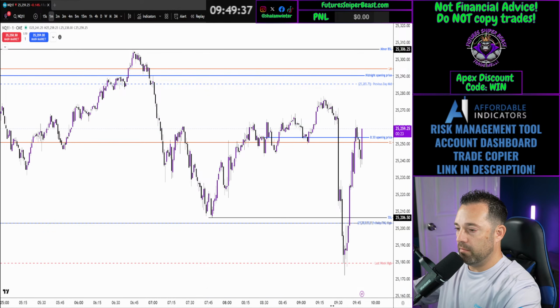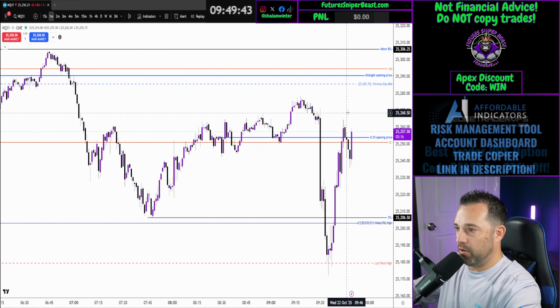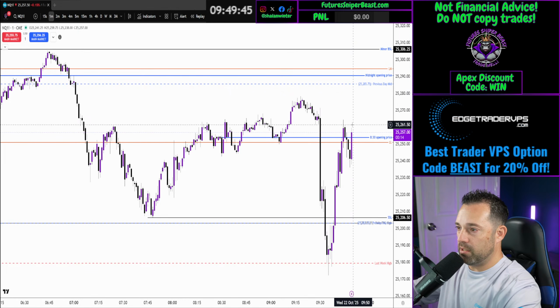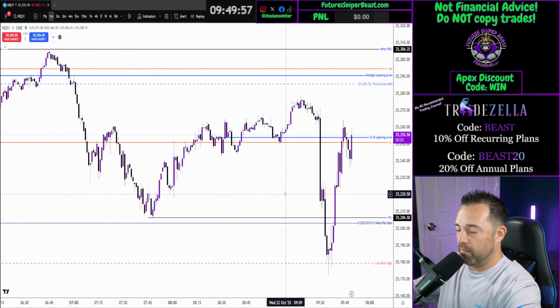Now, again, like I said, if this respects this down candle right here, and we go up and create another fair value gap, another BISI, I'm probably going to long it. Because this is telling me that now we're creating the structure. We may not need to come back down to this fair value gap. This could be a breakaway gap. But we'll see.